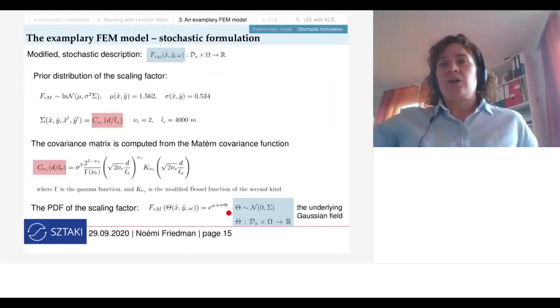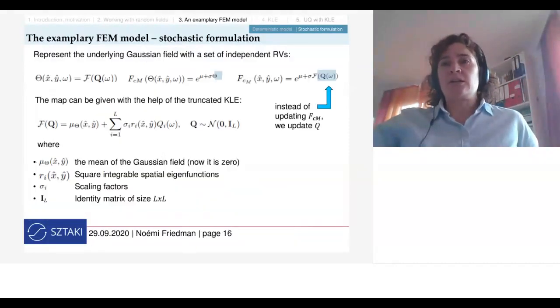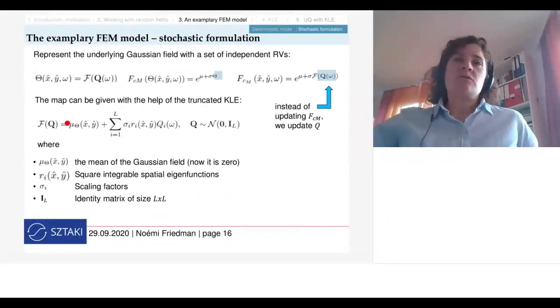When I do this map, it will have a certain mean value that I use for my prior distribution. So this is the mean field, which in our case will be 0. And this is a linear combination of products of random variables and spatial fields.